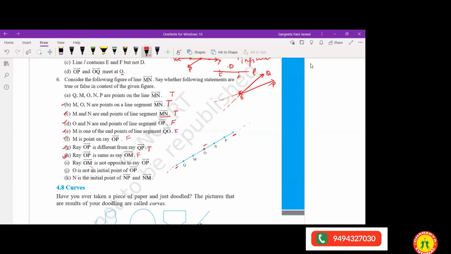It starts from here and goes this side. It's a ray. And O to M is here. And the question is, ray OP is same as ray OM.